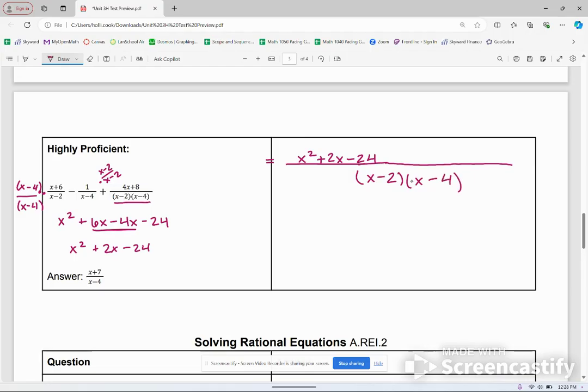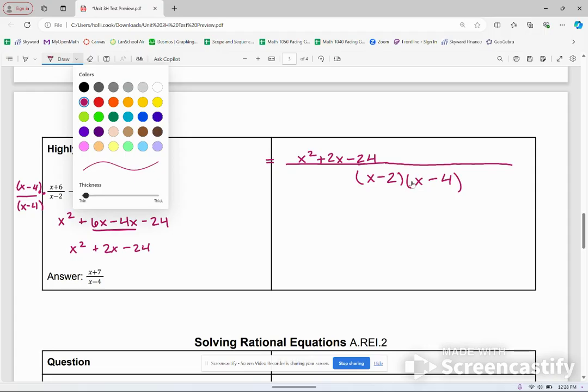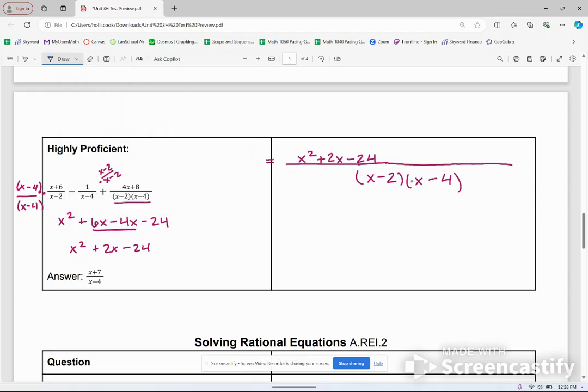So that was the first section. Second section, we're doing this x minus 2 and x minus 2. If we multiply 1 times x minus 2, that just gives us x minus 2. On the bottom, that'll give us our same denominator.